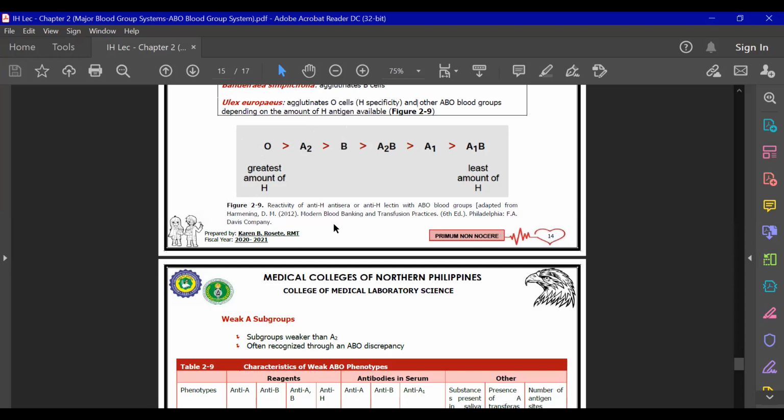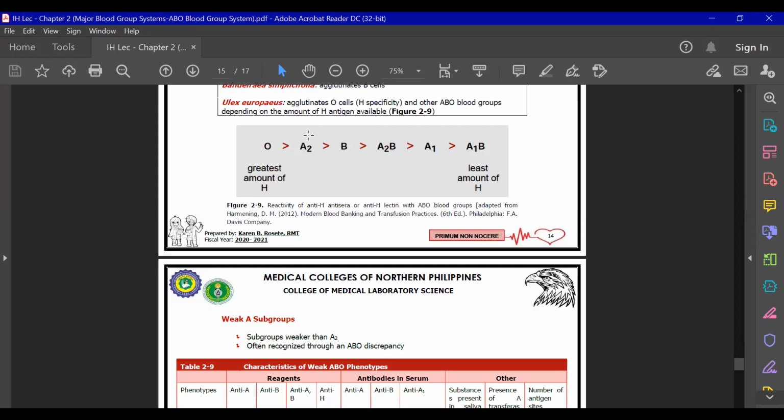Why A2? Bakit mas maraming H antigen dun sa red cells ng ating A2 compared with your A1? Mainly because your A1 class has greater number of A antigenic sites on the red cells. Meaning pag mas marami yung A antigen, mas maraming H antigen ang na-convert into your A1, and kokonti yung natira na unmodified H antigens.